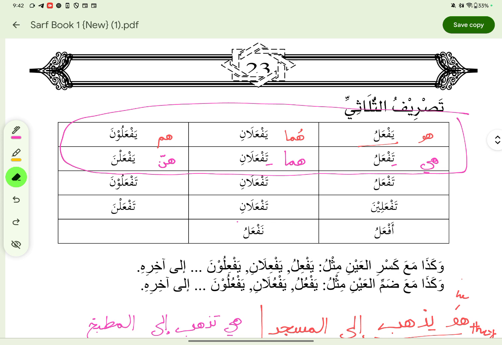Huma yatawaddani. Huma yatawadduna, يتوضؤون. Yatawaddauna.